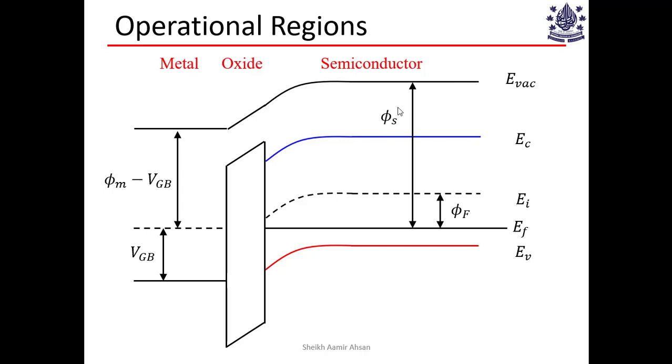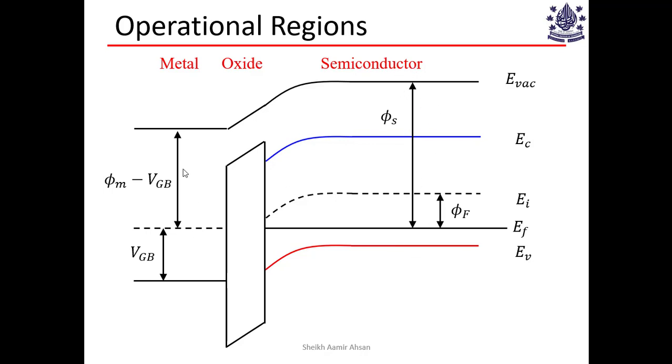And phi s represents the work function of the semiconductor, from the vacuum level in the semiconductor to the Fermi level in the semiconductor. But in the bulk, the semiconductor is undisturbed. Here you see the change in the semiconductor, which is because of all the action that is happening. But in the bulk, the nature of the semiconductor remains the same.